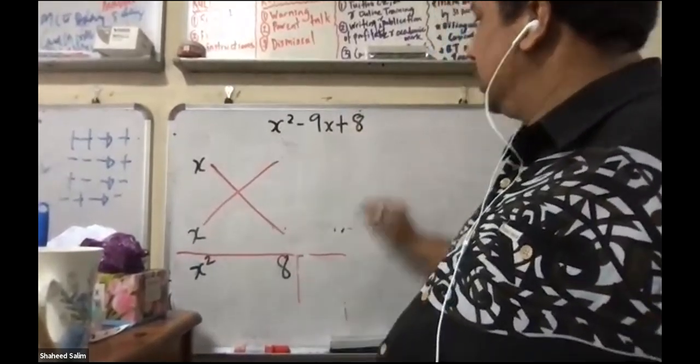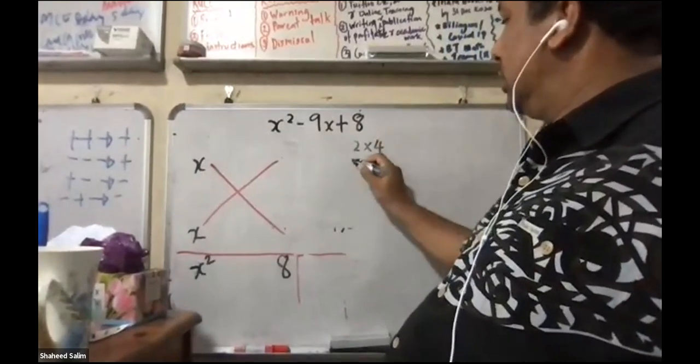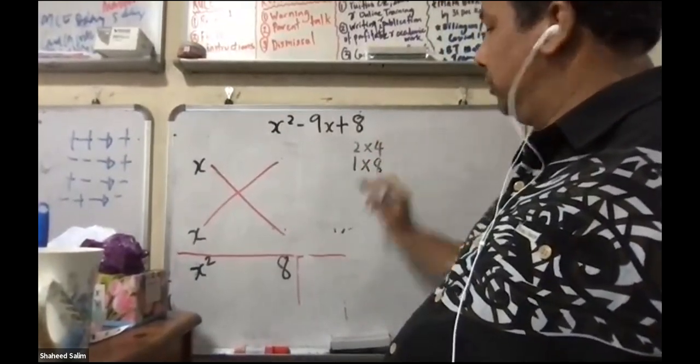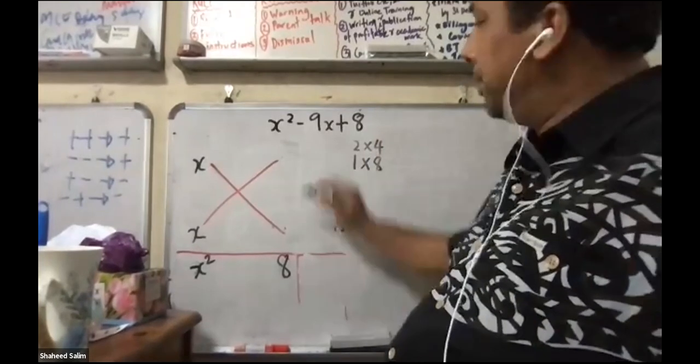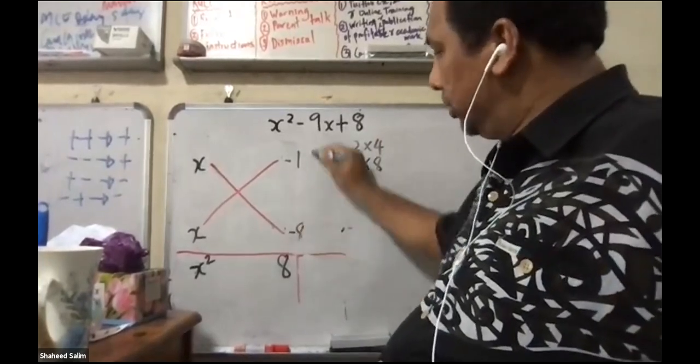So 2 times 4, what else? 1 times 8. You try minus 1 and minus 8. Does it work or not?